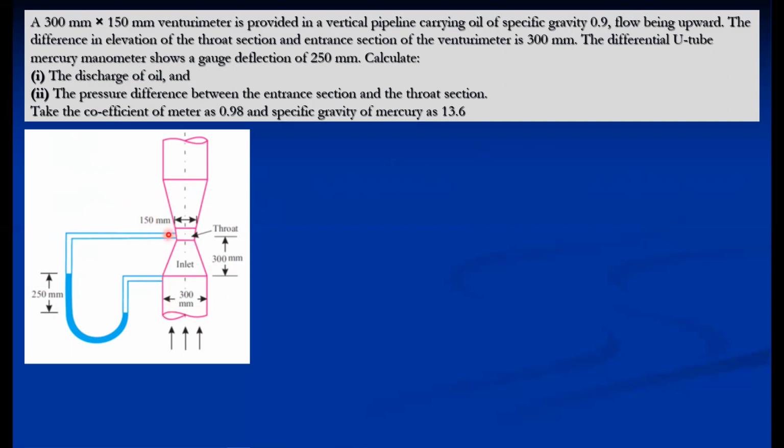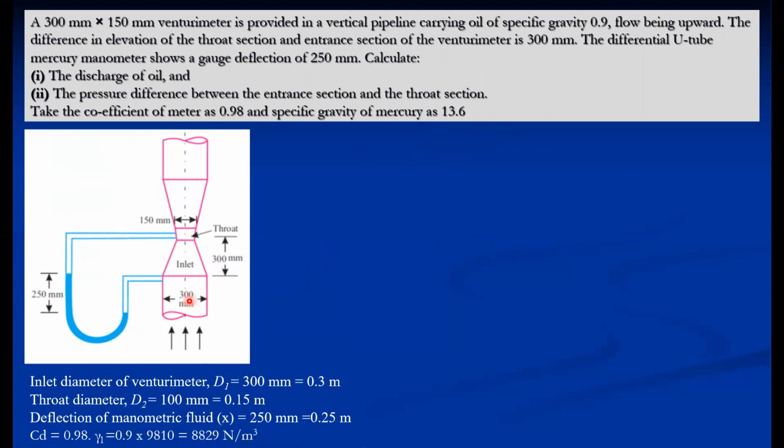Pressure intensities are asked. So for that we require this elevation, Z2 minus Z1. Take the coefficient of the venturimeter as 0.92 and the specific gravity of the mercury, that manometric fluid, as 13.6. Even though it is not given, we can consider it because this is a standard fluid. So again, similarly, the diameter at inlet and the diameter at throat are given, it is actually 0.15 meter.